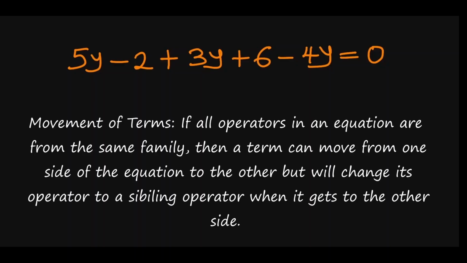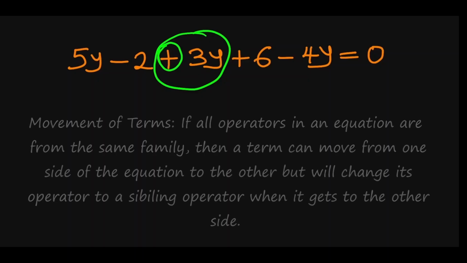But if you have an algebraic equation like this, and you want to move a term from one side to the other, you can, provided you've met the second rule we talked about, that all the operators are siblings. As we can see in this example, they are all siblings. So if you want to move this plus 3y to the other side, you can, but you have to bear in mind that the operator here has to change to its sibling.